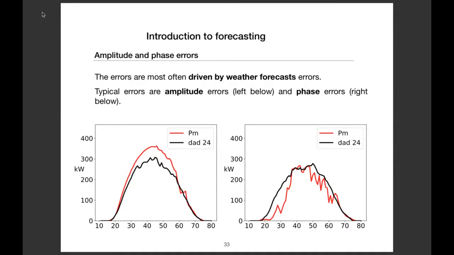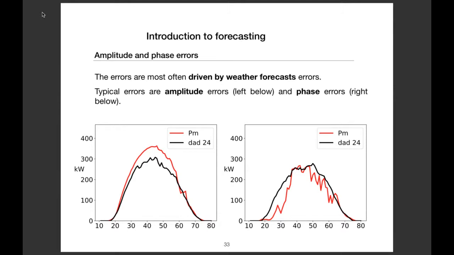It seems the shape and the phase are quite nice, but the forecasting model, in black, underestimates the generation in comparison with the realization. This is typically an error named amplitude error. The model made an error of amplitude, even if the shape is nice.